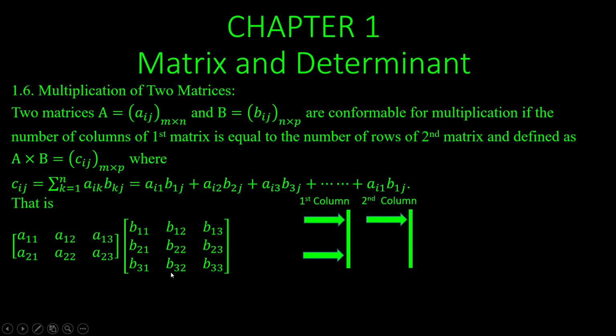Again, we multiply all the entries of the second column of the second matrix by the corresponding entries of the second row of the first matrix, and adding those products we get a sum and put it here.